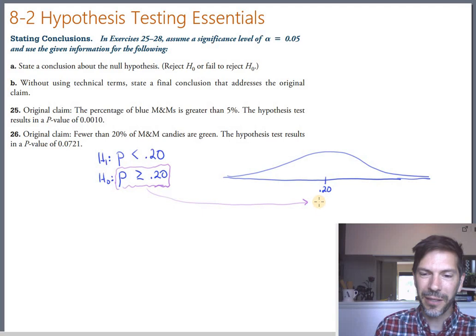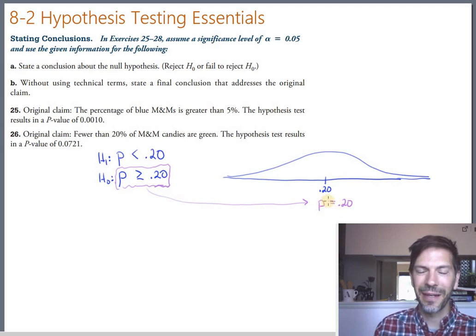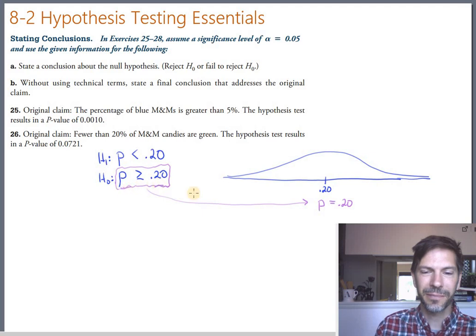So if you look in the back of the book, they will write the null hypothesis like this. That's based entirely on the fact that we need to draw the curve somewhere. And that's where the null says. So this is sort of the other form of the null. That's okay. I actually prefer the original form of the null over here and just recognize that we are going to center the curve at 20%.